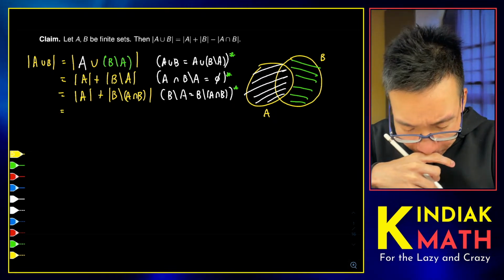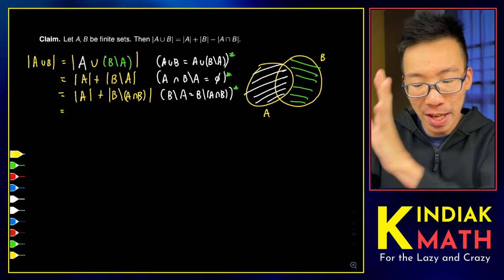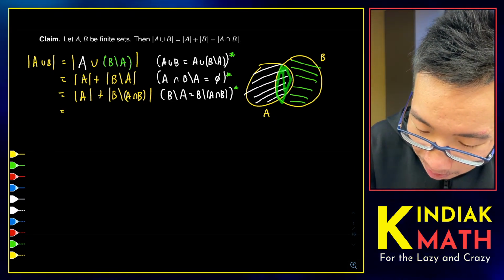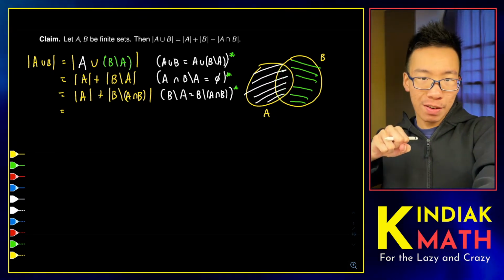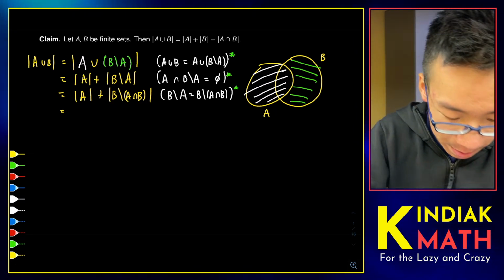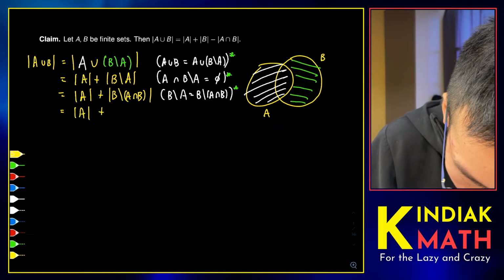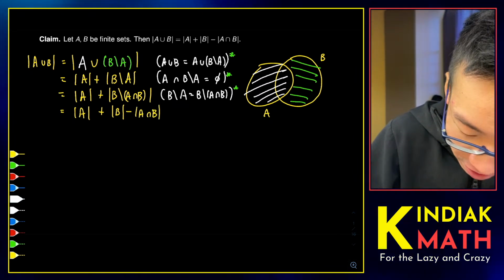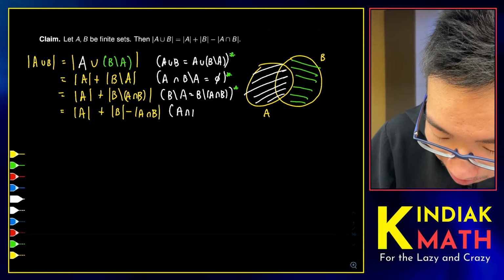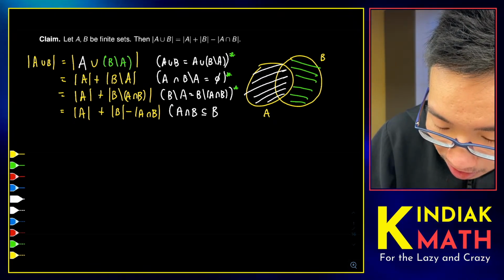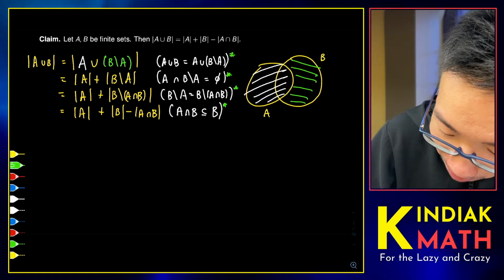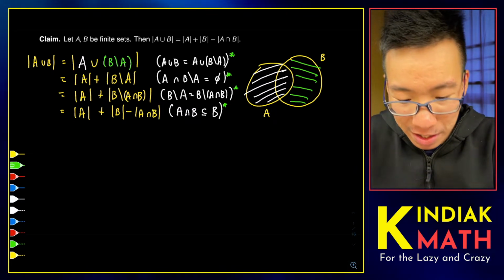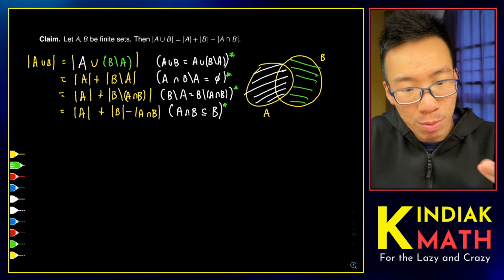And finally, because A intersect B, you're sort of removing that from B, so we can subtract. And the justification here is that A intersect B lies inside B. Now this is pretty obvious, but you can go and try to prove it using some definitions if you wish.